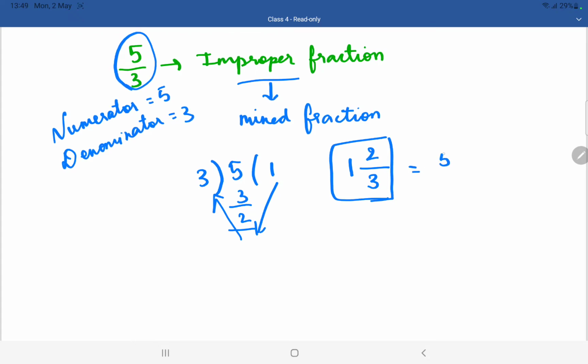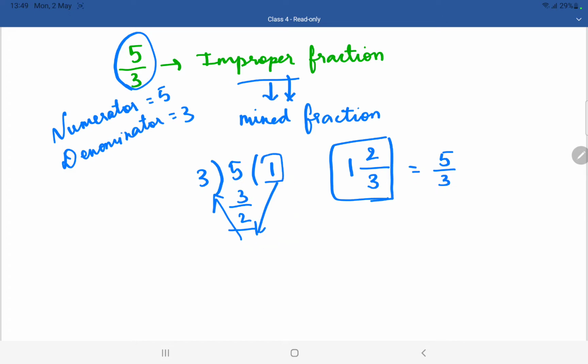You can write 1 and 2 by 3 is equal to 5 by 3. Both are equal. Now, to convert an improper fraction into a mixed fraction, what should you do, children? First, you should find out the numerator and denominator. Then you should take the denominator as the divisor and the numerator as the dividend of a division. After you do the division, you will get a remainder.